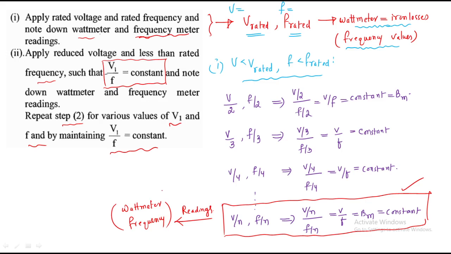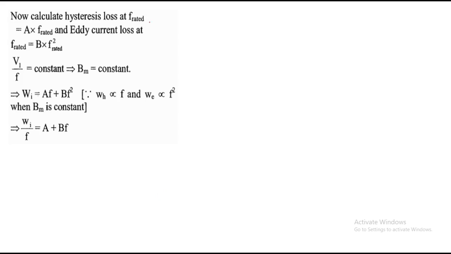After getting the different values of power losses and frequency, we have to get the value of A and B.